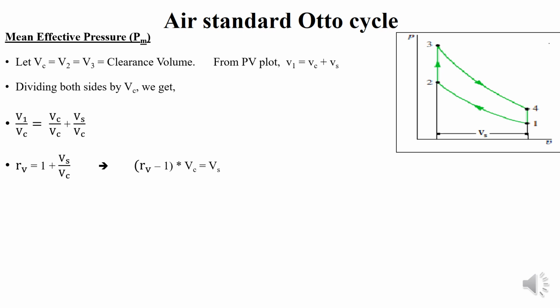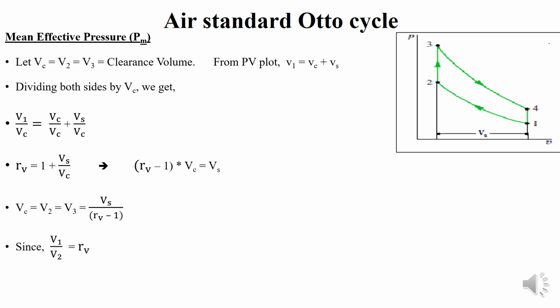Rearrange the terms, and you get the stroke volume in terms of clearance volume and RV. So clearance volume, V2 or V3, you will get in terms of Vs divided by RV to the power gamma, RV minus gamma, sorry.